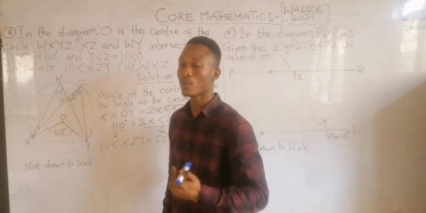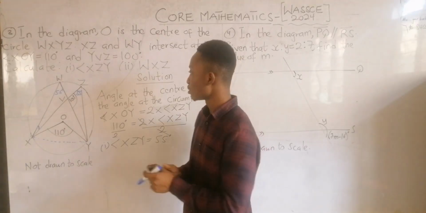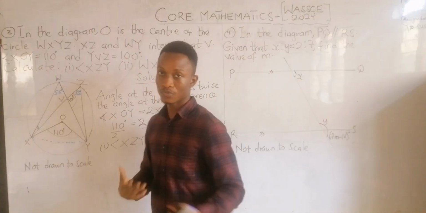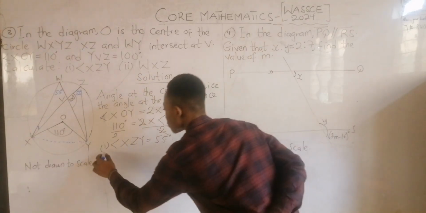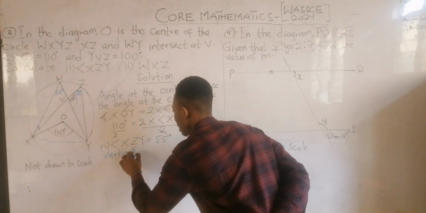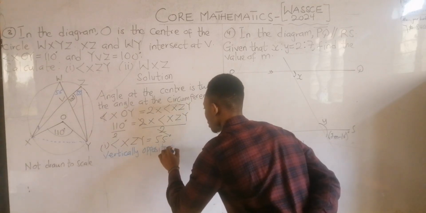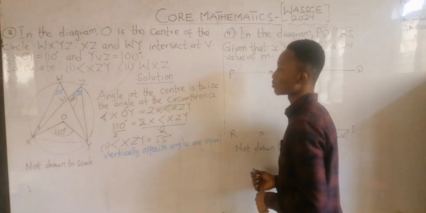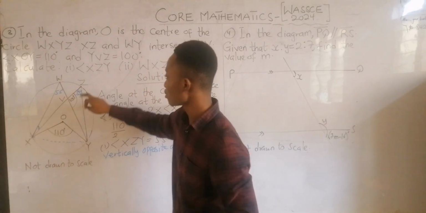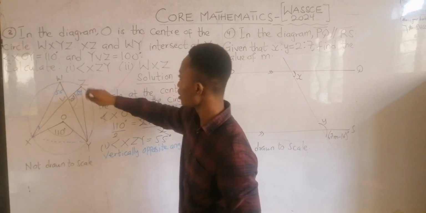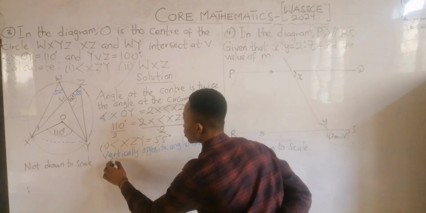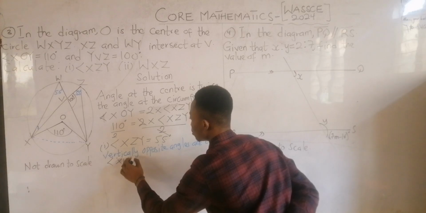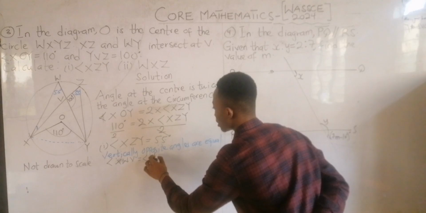If you recall in angles, we learned something called vertically opposite angles. So 100 is vertically opposite at the point V, so this angle is also 100, because vertically opposite angles are equal. Therefore, WVX is equal to YVZ.